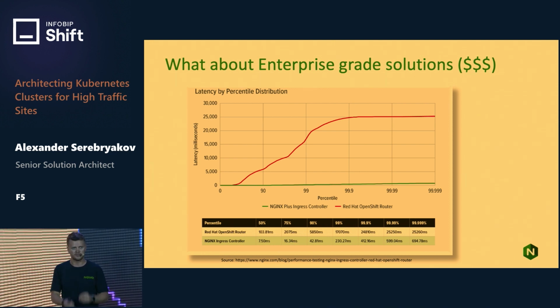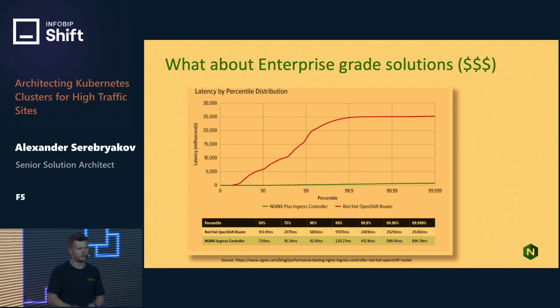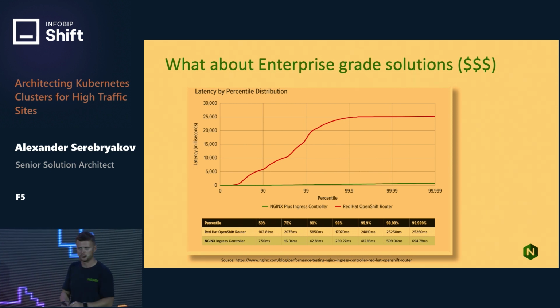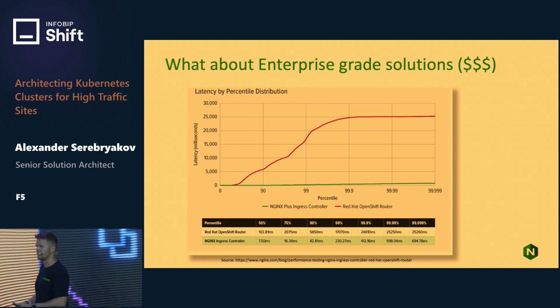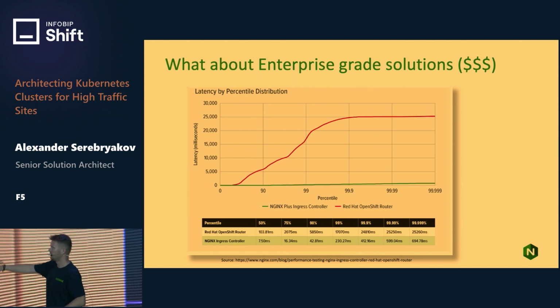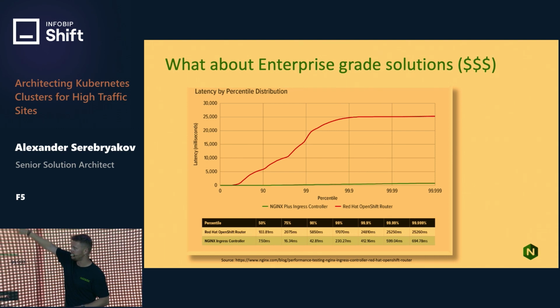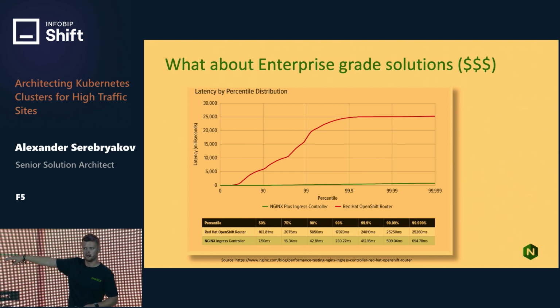OpenShift, they got a router built in. You don't need to bring your own ingress controller. The router is built in for you. This is extremely good, but the behavior under high performance load is also not that great compared to the Nginx ingress controller.